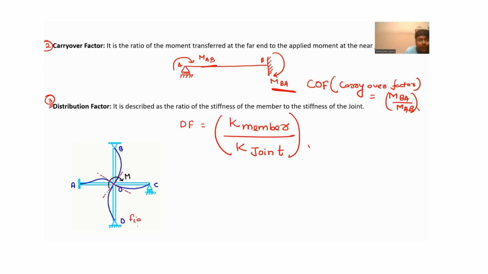Let this figure be figure A. Now this M is a movement you applied at joint O clockwise. Due to this application, there will be some rotation happening for each and every member which is getting attached at joint O.